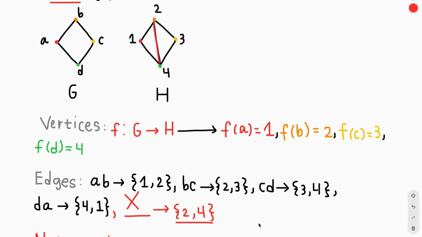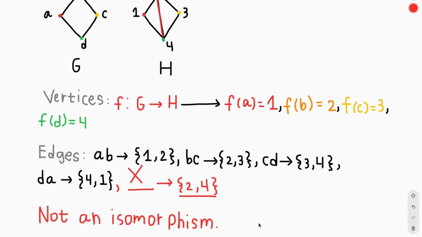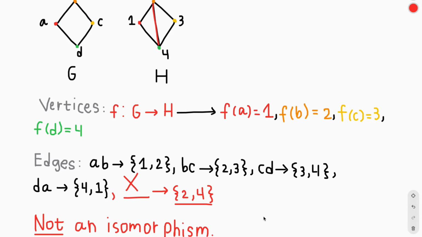And since this wouldn't be considered a valid mapping of edges because not every edge has a unique partner, we would say that this is not an isomorphism. So the key takeaway from this example is probably the number of vertices and the number of edges in each graph, right? We saw that every vertex corresponded to some other vertex because there were 4 vertices in each graph.